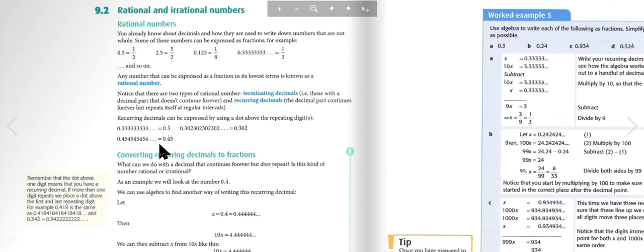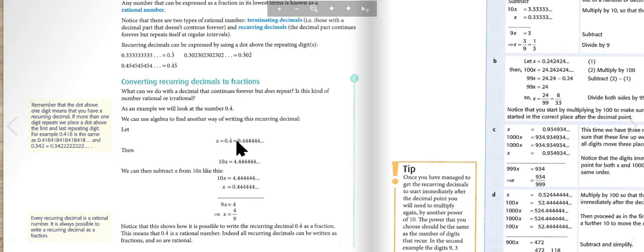Converting recurring decimals to fractions. What can we do with a decimal that continues forever but does repeat? Is this kind of number rational or irrational? As an example, we will look at the number 0.4 recurring. We can use algebra to find another way of writing this recurring decimal. Let x equal 0.4444. Then 10x equals 4.4444.